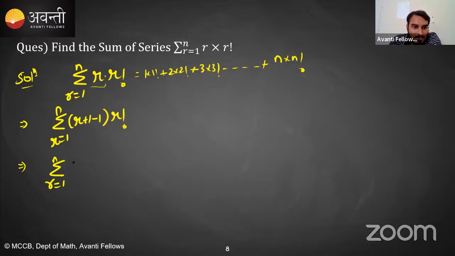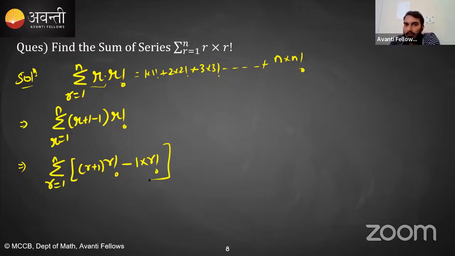I can multiply this like this: r plus 1 into r factorial minus 1 into r factorial. Take r factorial common, then you again get r plus 1 minus 1; cancel out 1 and minus 1, again r into r factorial. So both are exactly the same.